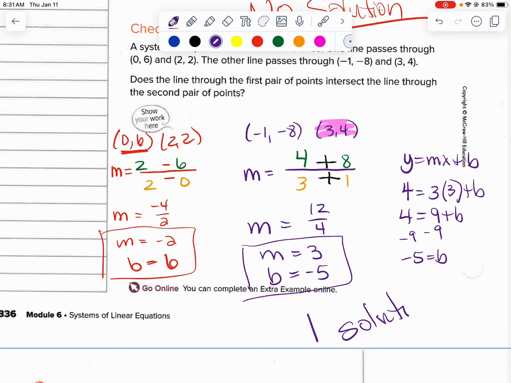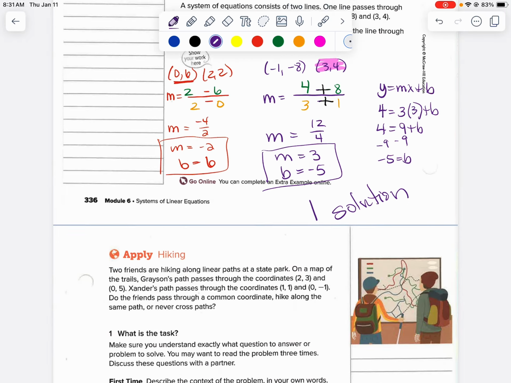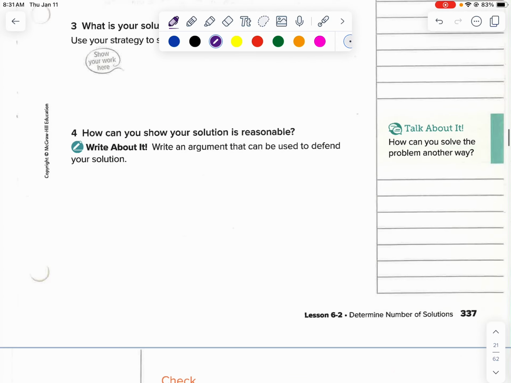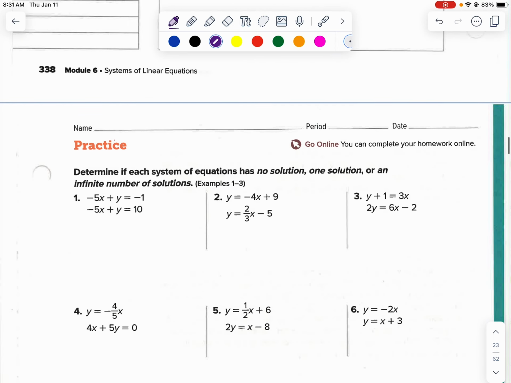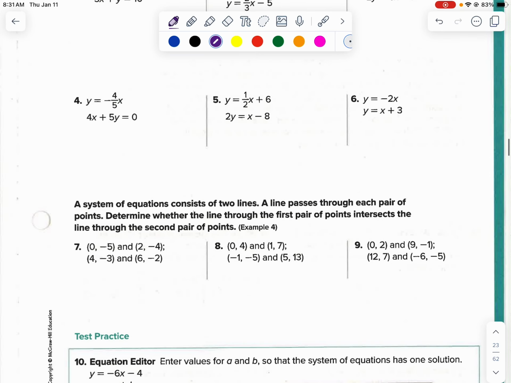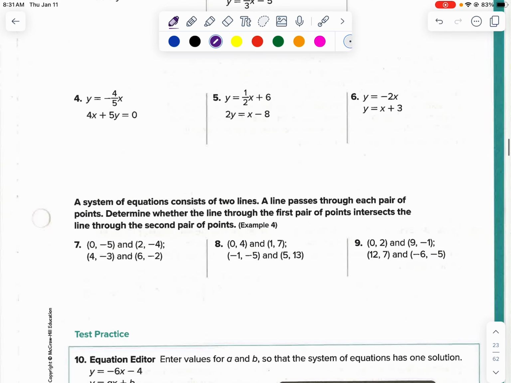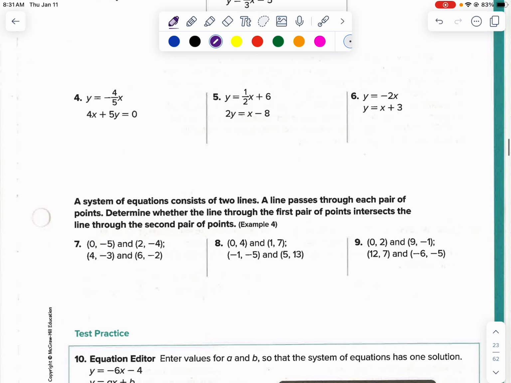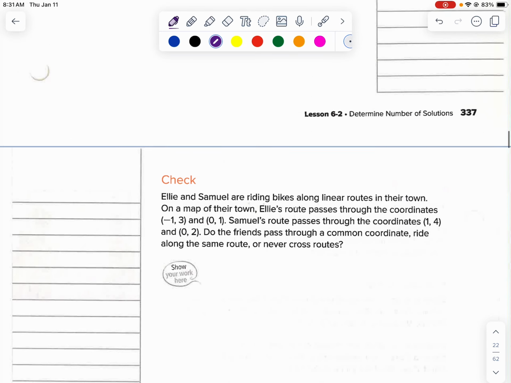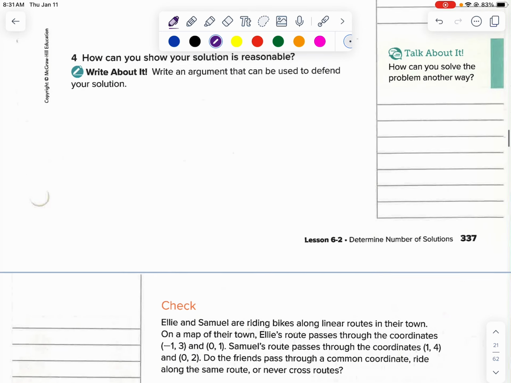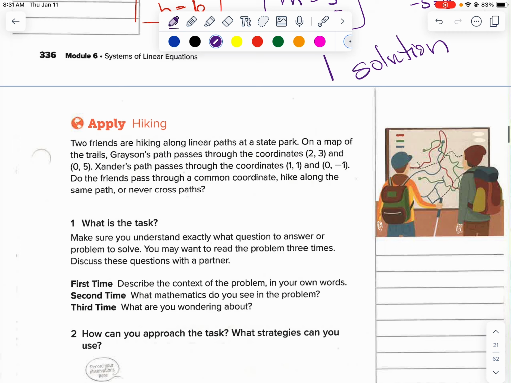Now it's not asking us for that solution yet, so I don't have to do that part quite yet. On this assignment, you're not even finding where they intersect. All you're finding out is, do they have one solution, no solutions, or infinite solutions?